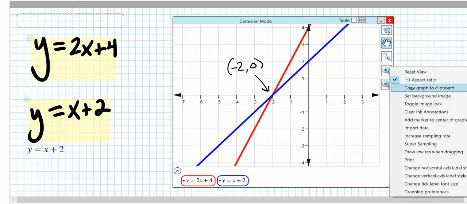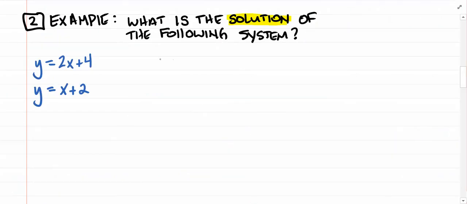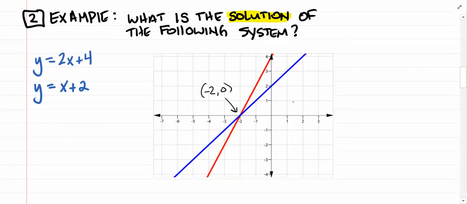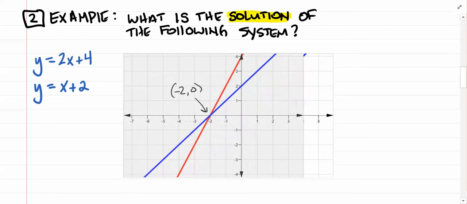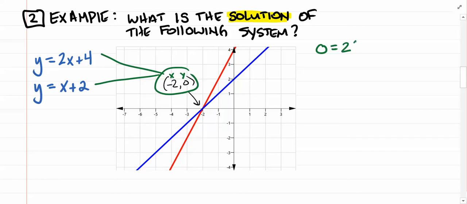So I'm going to take that information and bring it back over to our notes here. And there you go. And then if I want to check to make sure that this is indeed true, I would run this point through each of my linear equations and see. Remember, this is my x, this is my y. So does 0 equal 2 times -2 plus 4?